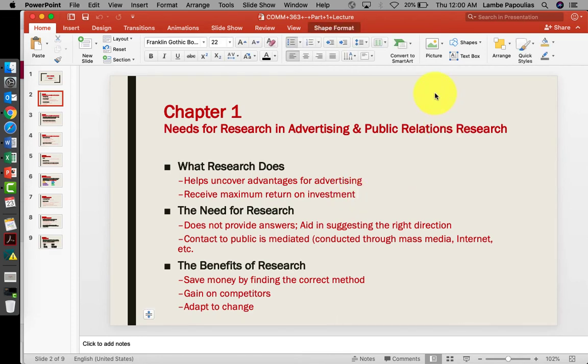Now, research is highly important in any kind of traditional marketing, such as newspaper advertisements, magazine advertisements, radio, and television advertisements. It's really important because with traditional advertising, you can't really modify something once it has occurred.